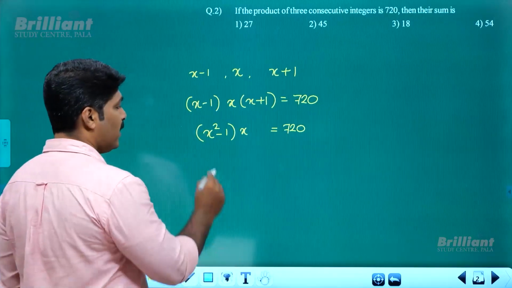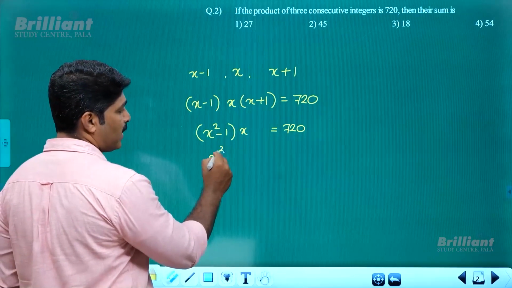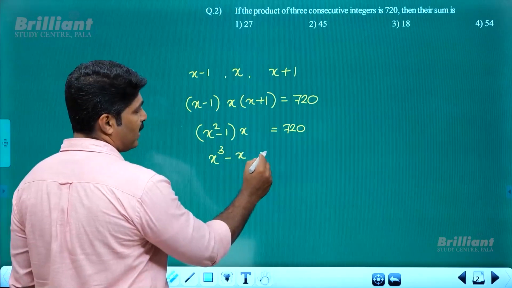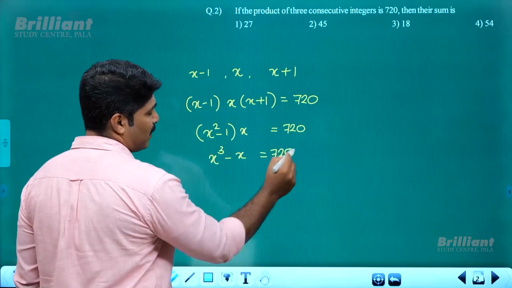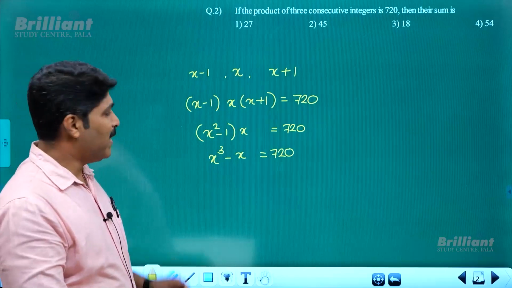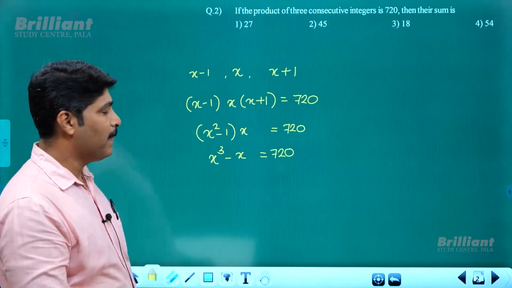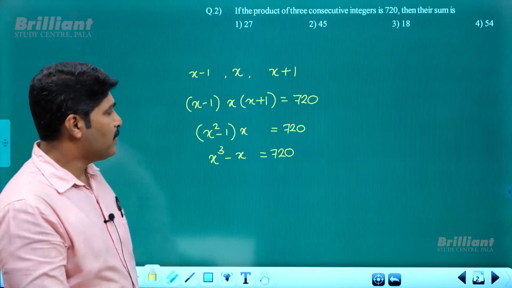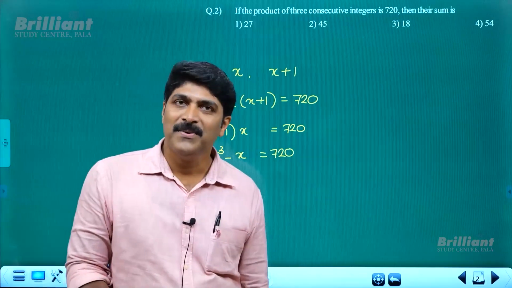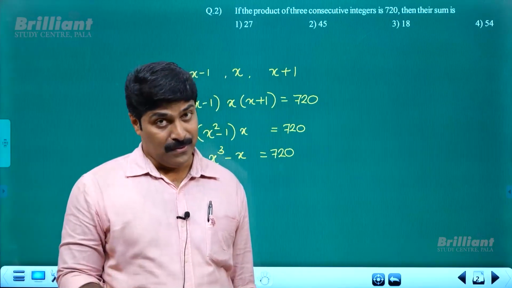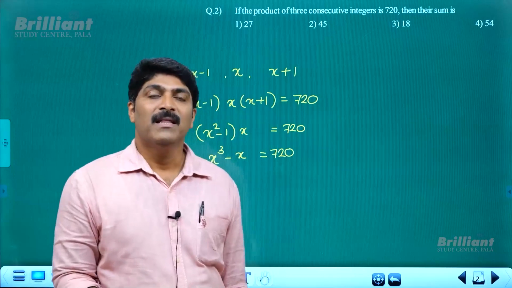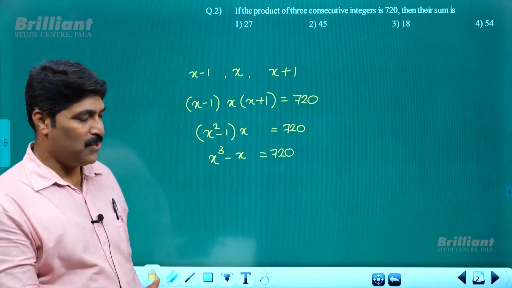Multiplying this, we get a cubic equation: x cube minus x equal to 720. Do you know the method to find the solutions of such a cubic equation? If you don't know, here we are considering a logical, numerical approach.